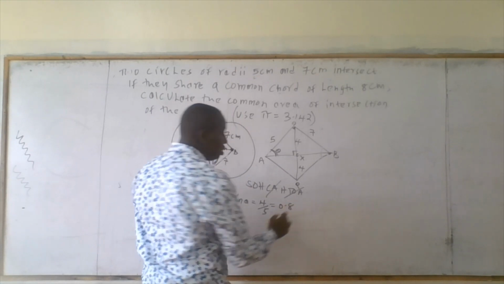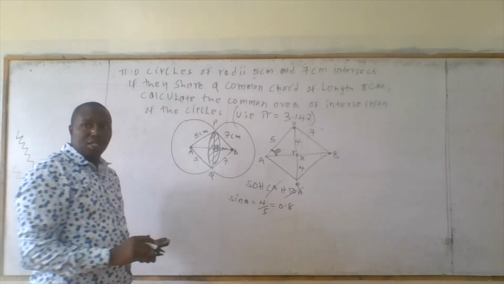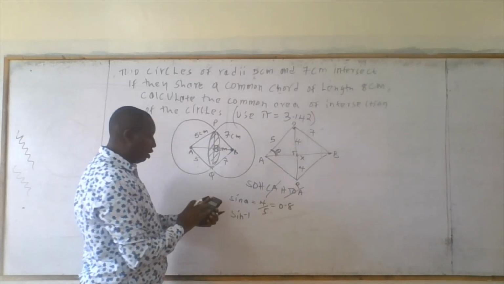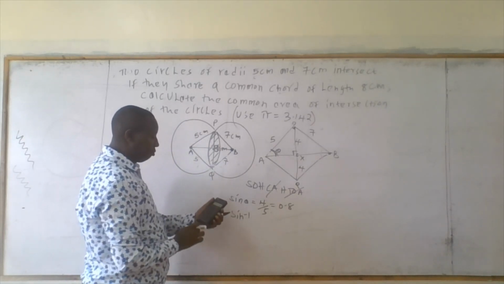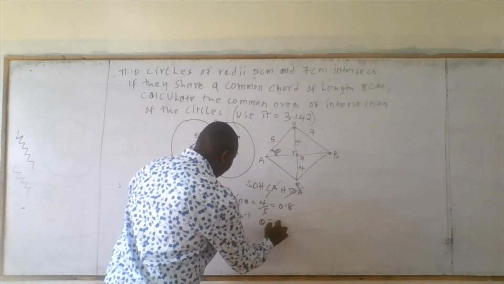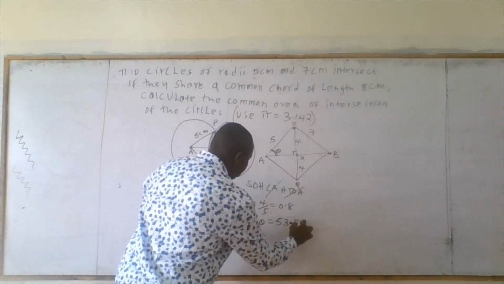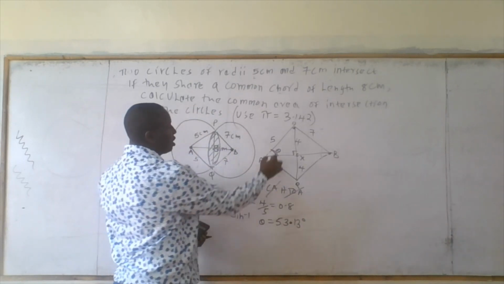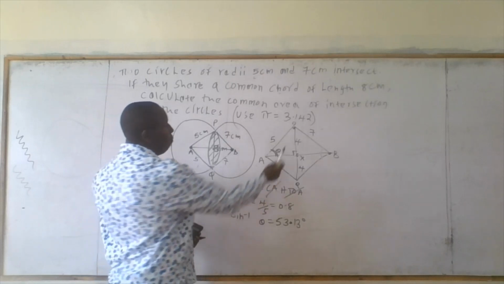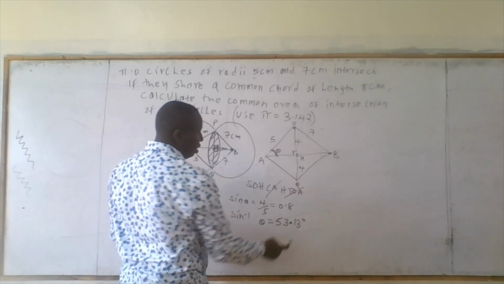Use your calculator, shift sine of 0.8. Your angle theta is 53.13 degrees. So the size of angle PAX is 53.13 degrees.